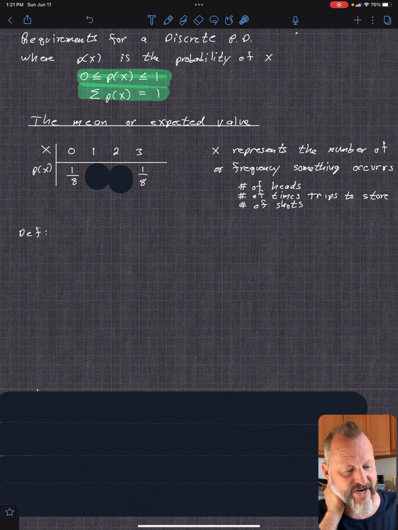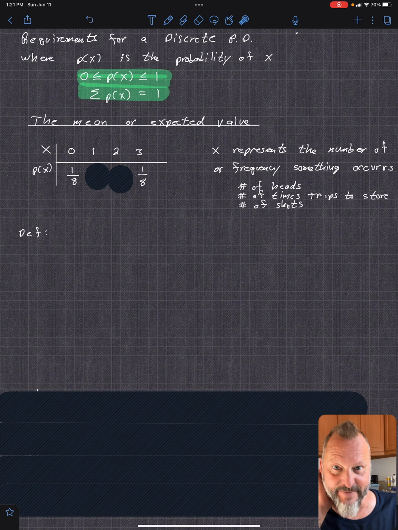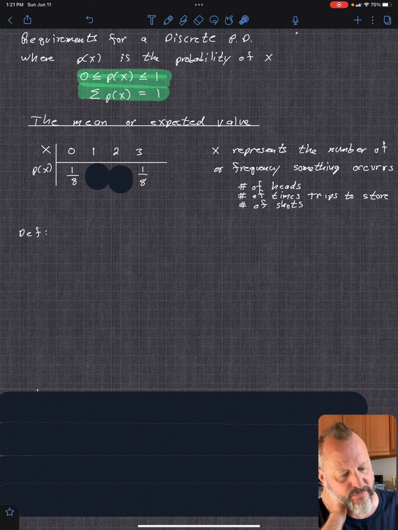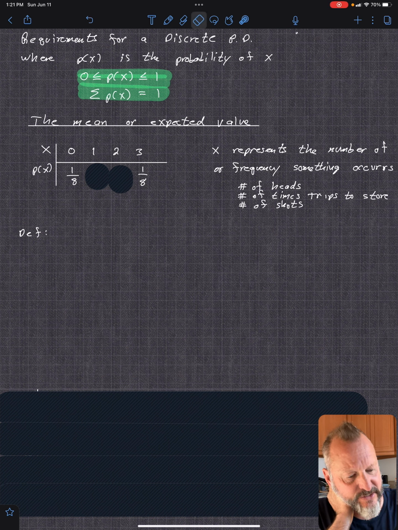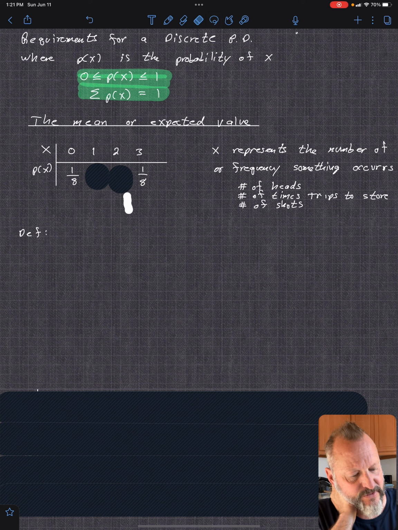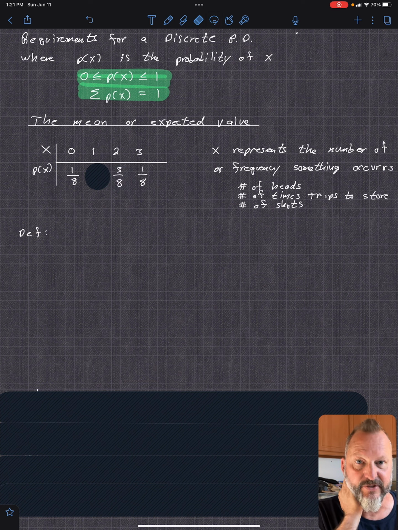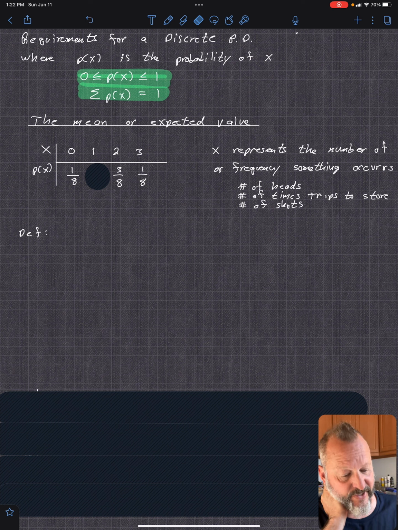When I use that symbol, I don't mean pound or hashtag, I mean number. So if this is 1/8 and this is 1/8, this one actually ends up being symmetric. If I erase this one and say that one's 3/8, then what does the middle one have to be?